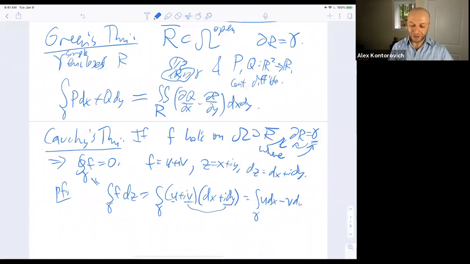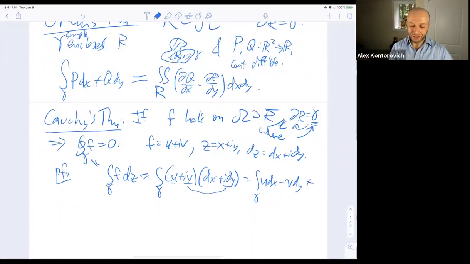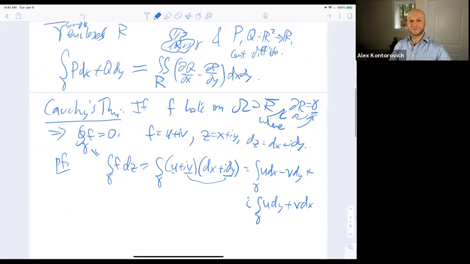And then I get an imaginary component. I get a u dy and a v dx. Just multiplying the pieces out. Integrals are linear. We can move things around. This is the imaginary part. This is the real part.